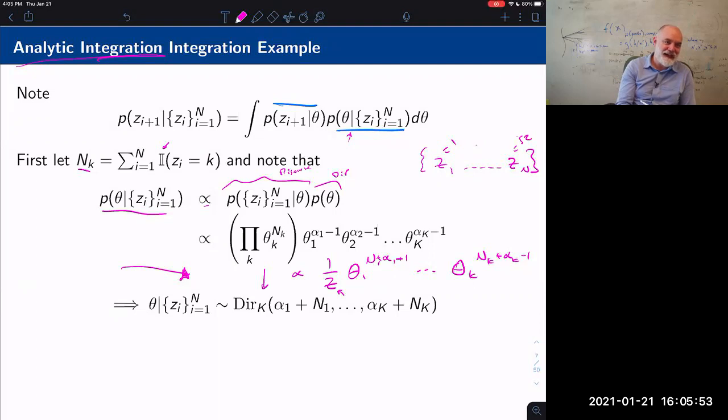Okay, but theta given the set of z's is proportional to the joint over this thing integrated over theta. But that's the normalization constant for a Dirichlet distribution.